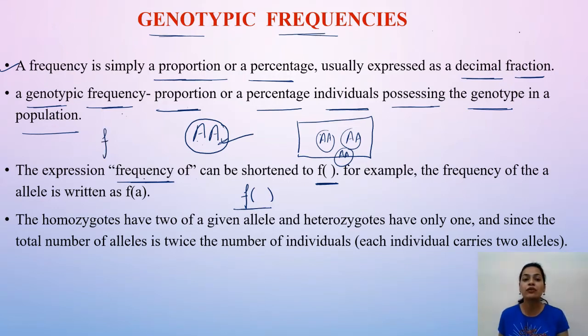I'll write it as frequency of genotype capital A, capital A. So if it is written somewhere like that, I'll read it as frequency of genotype capital A, capital A. If it is written like this, capital A, I'll say frequency of allele A. And if it is written like this, I will read it as frequency of genotype capital A and small a.